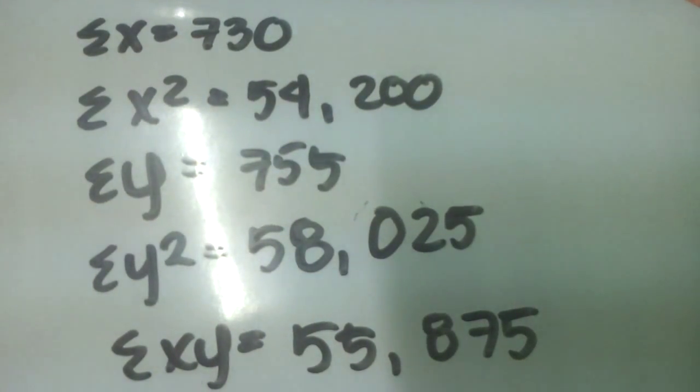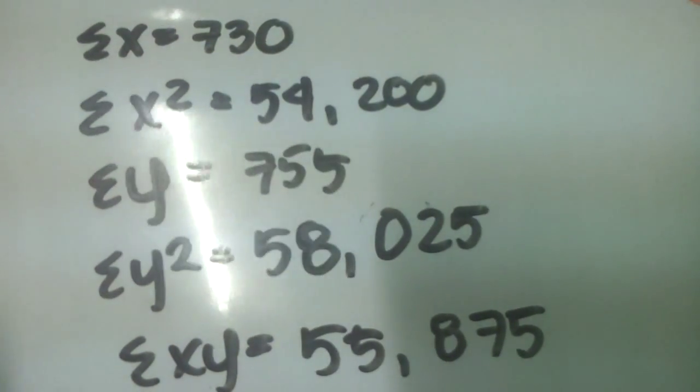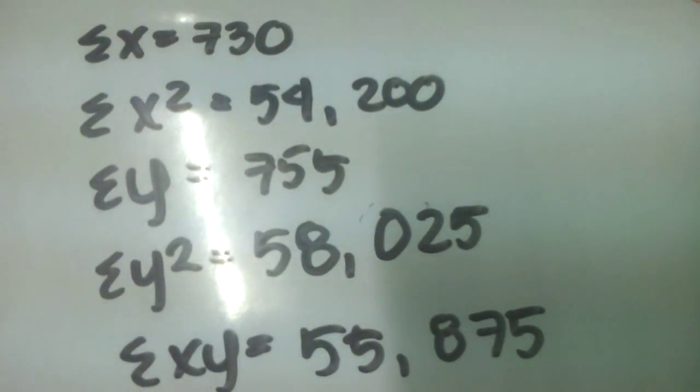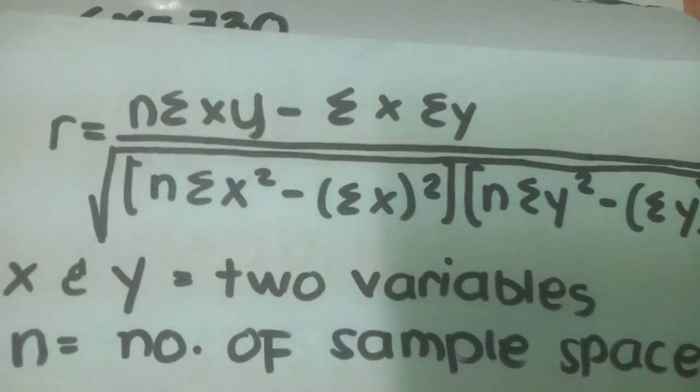And then getting these values, we have to get the correlation coefficient of these two variables. We just substitute these values to the Pearson product moment correlation coefficient formula.